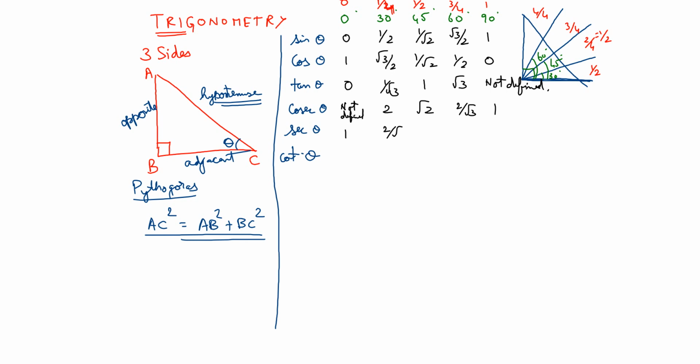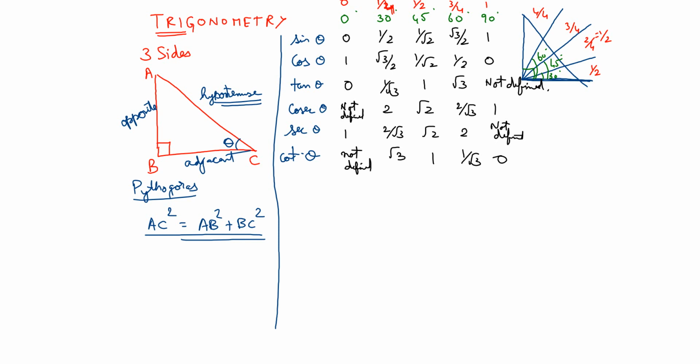So 2 by root 3, root 2, 2, and this is 1 by 0, which is again not defined. Cot is the inverse of tan. Tan 0 is 0 and cot 0 is 1 by 0, which is not defined. Then root 3, 1, 1 by root 3, 0.